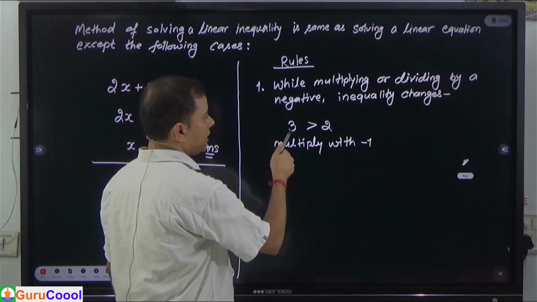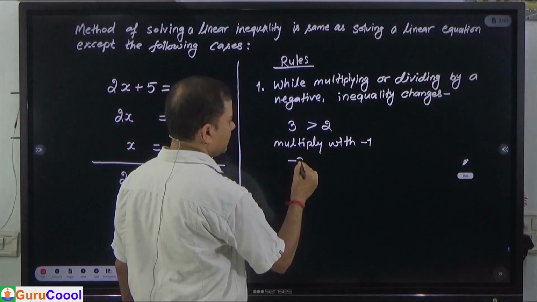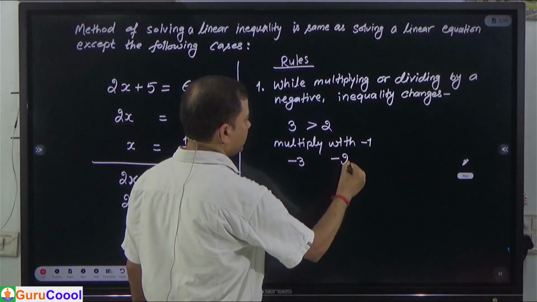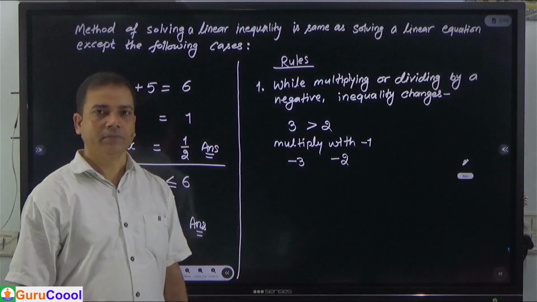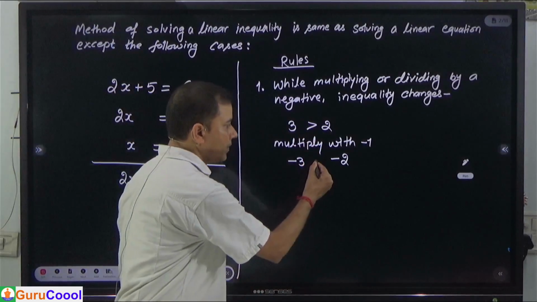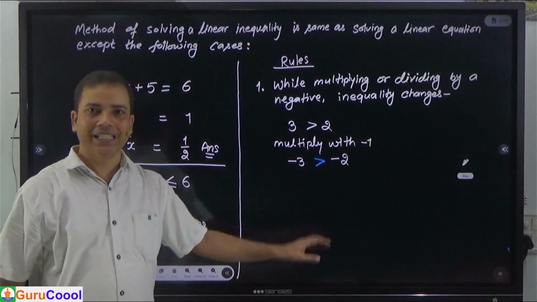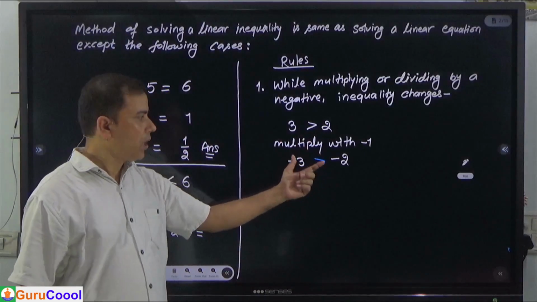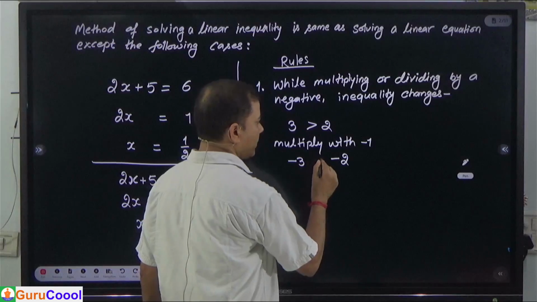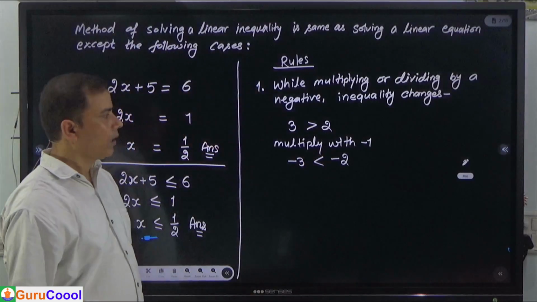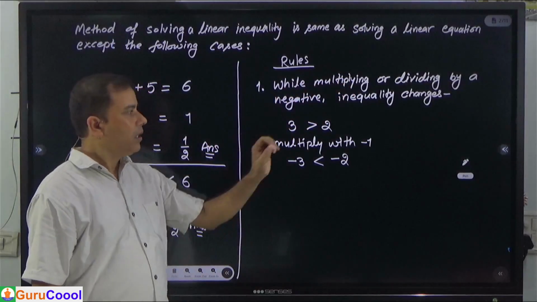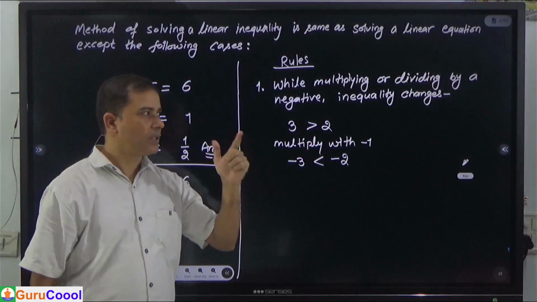On the left side, 3 times -1 will be -3. On the right side, 2 times -1 will be -2. Now see which one is greater. Can we keep the same inequality here? If we keep the same inequality here, this is wrong, not the correct result. So we have to flip it to remain true. This is very important. Whenever you multiply or divide by a negative number, the inequality sign changes, flips.